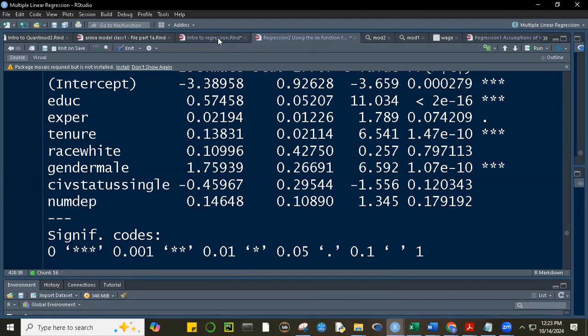Okay, so what happened here? Bakit, class? Why is it that yung variable ko dito sa R natin naging gender male? Okay, so what does this mean, class?